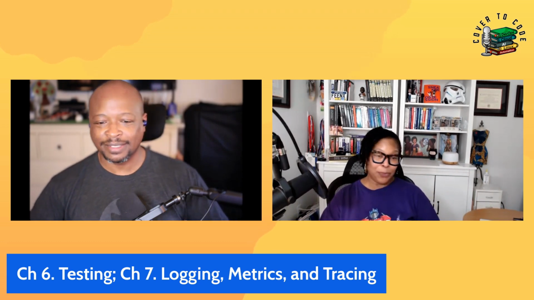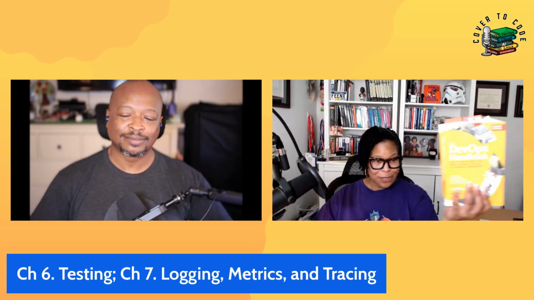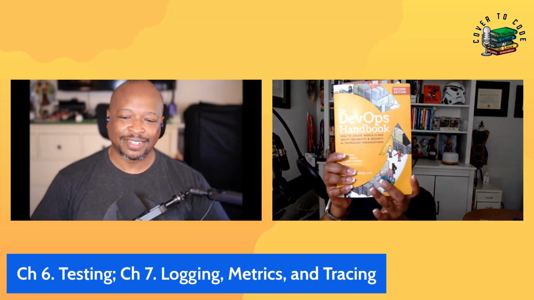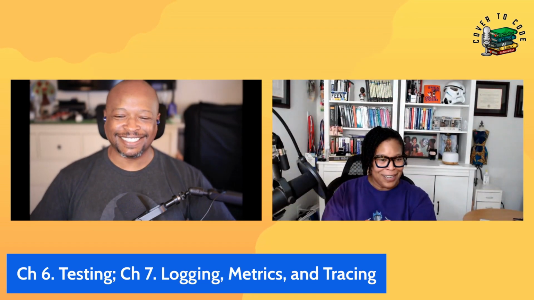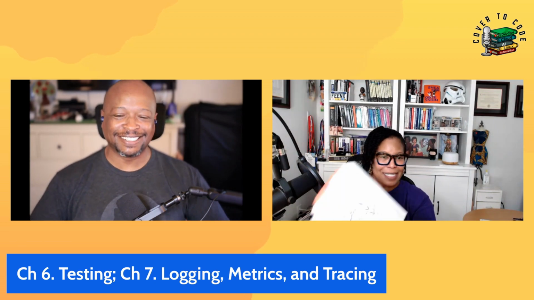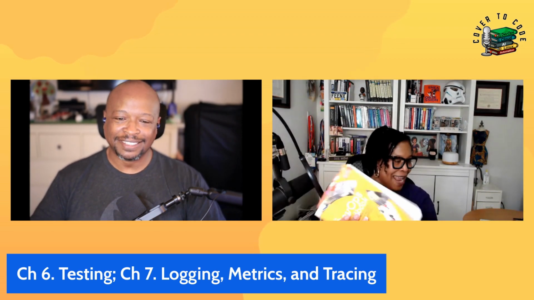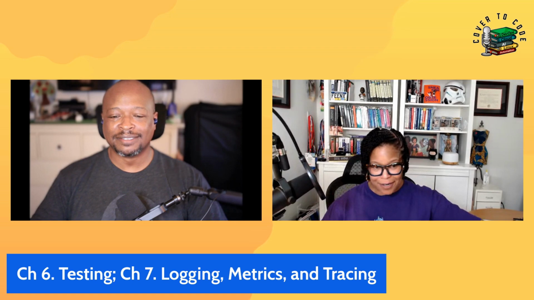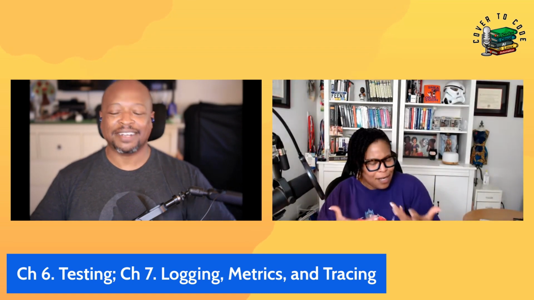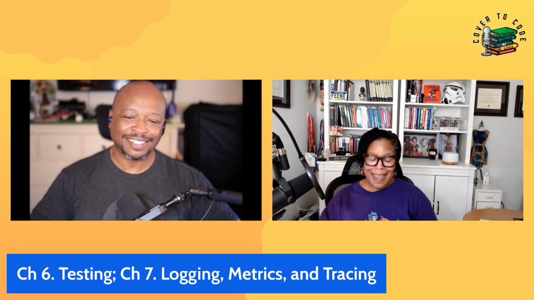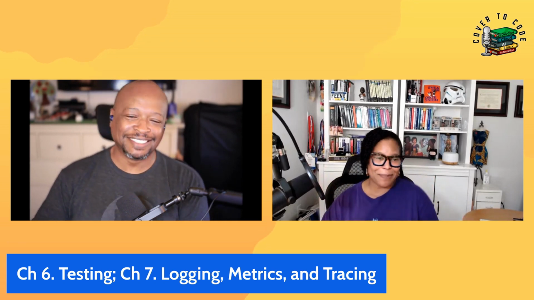I got John Willis, the gentleman who was one of the writers on DevOps Handbook, a throwback to season one of From Cover to Code. He signed my little book, and he gave me a copy of his most recent book, because we're about that book life. I'm so happy to be back and talking about chapter 6 and chapter 7. Let's get into it.